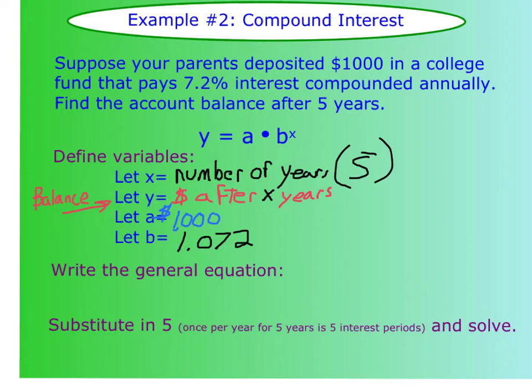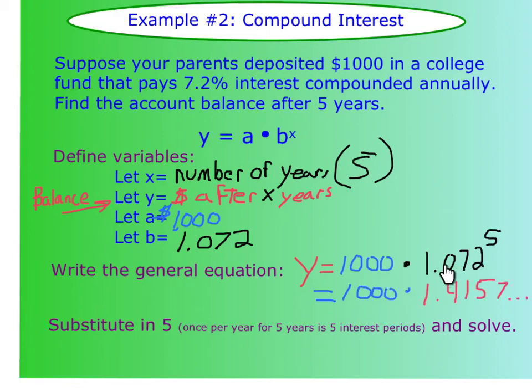Now let's write our equation. Here's our equation. Y equals $1,000 multiplied by 1.072 raised to the 5th power. And the reason we use the 5th power is they're doing it once a year for 5 years. So that's 5 interest periods. They're going to do it 5 times if they did it by hand, but this is a shortcut. All right, let's solve this and see how much money would be left.